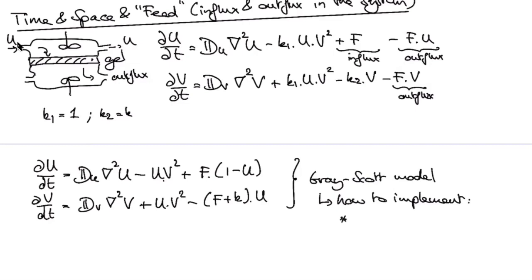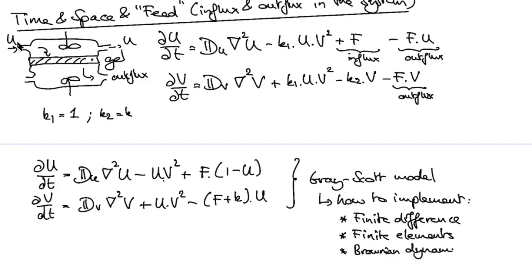You can implement it numerically with finite difference methods, finite elements, or, like we've seen, you could think of Brownian dynamics. But I won't go into how all of that works right now. I just want to show you the results.